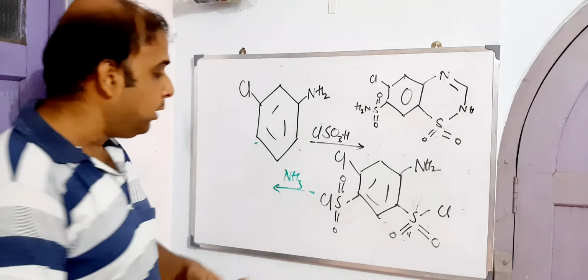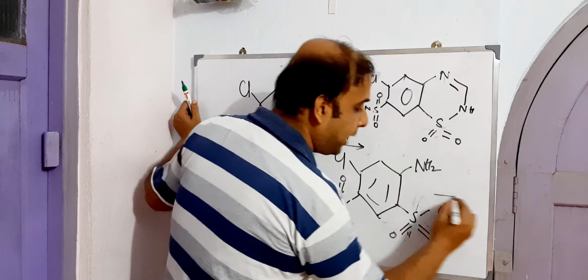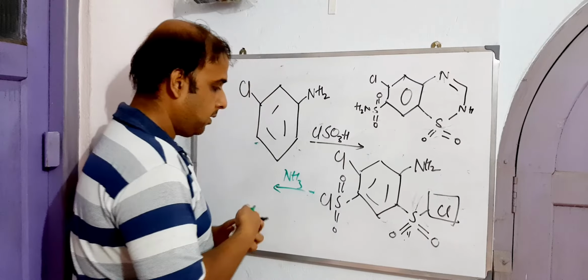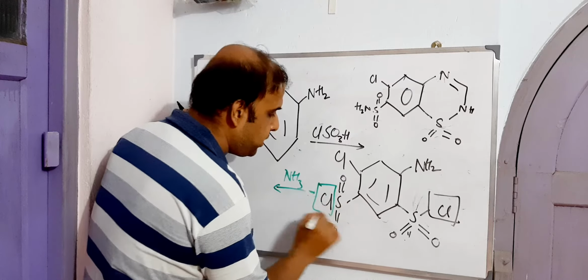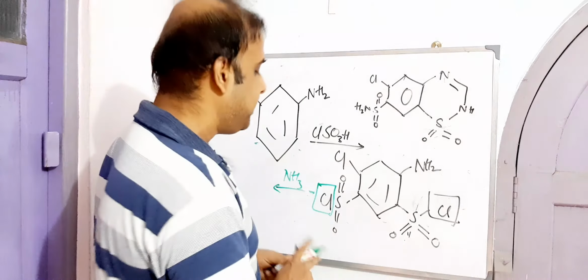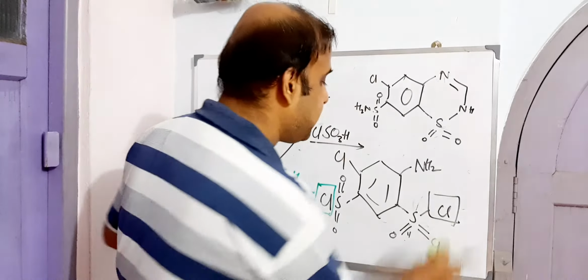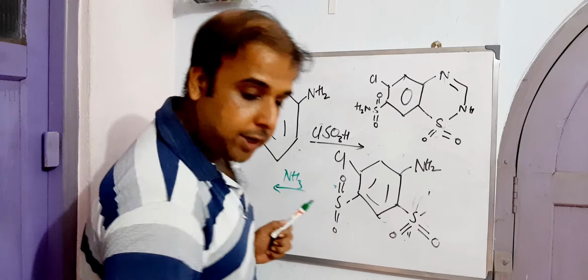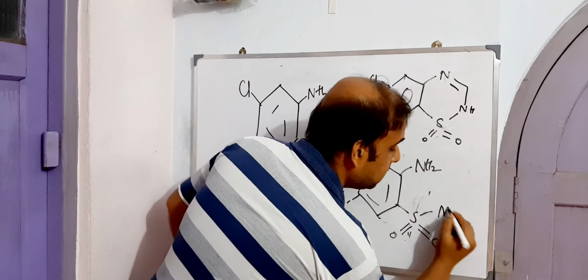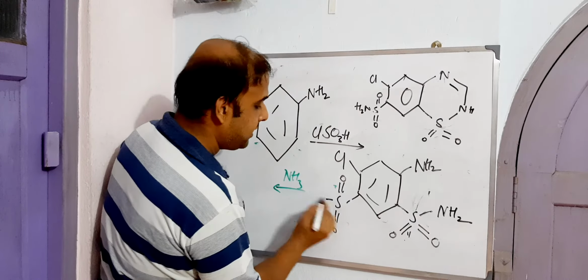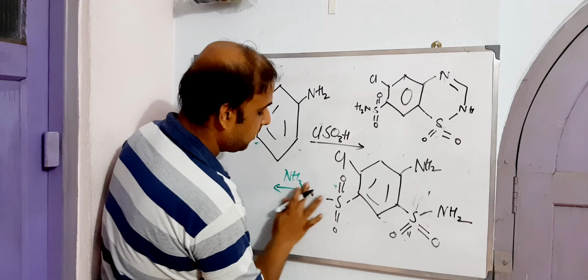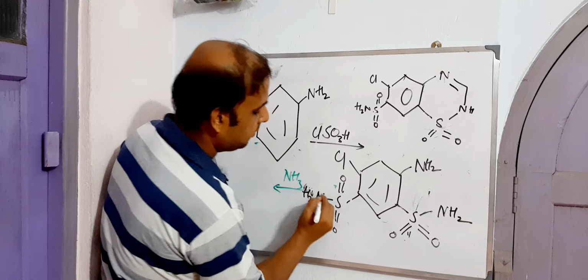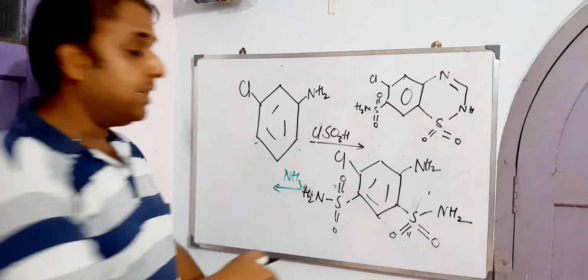What will this ammonia do? Ammonia will act on this 2Cl, thus replacing this Cl with amino. Thus we got what? So this has become SO2NH2, and this has also become SO2NH2, right? So we got the second intermediate.